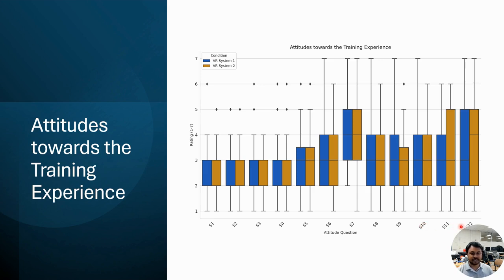Here the responses are generally slightly negative to neutral, and in some cases agreed. But overall, both VR system 1 and 2 were rated poorly. No strong agreement from most of the participants.